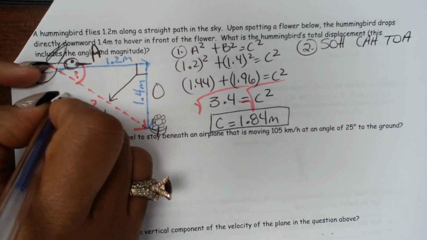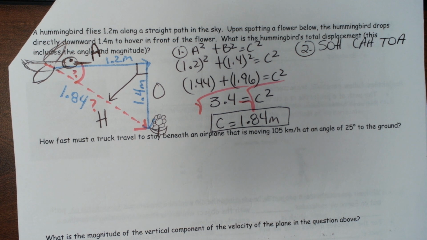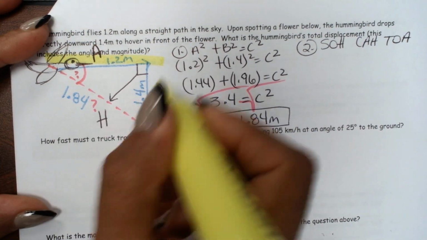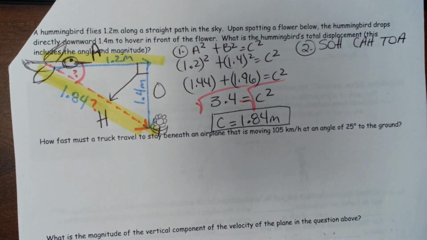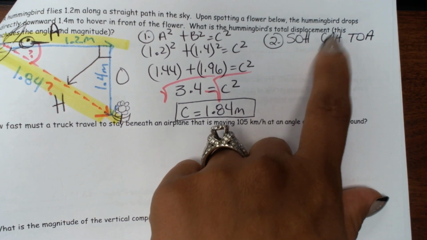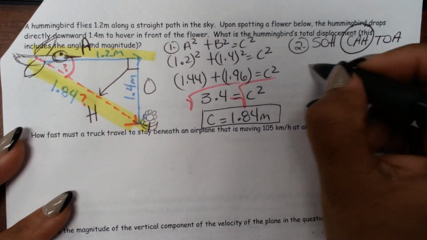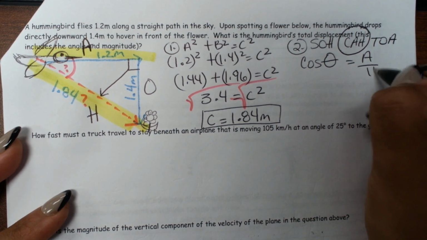This one is 1.84 or 1.8. Jamie, which 2 legs do you want me to highlight? Okay, the A and the H. A and H, that's the cosine. So the cosine of theta equals A over H.